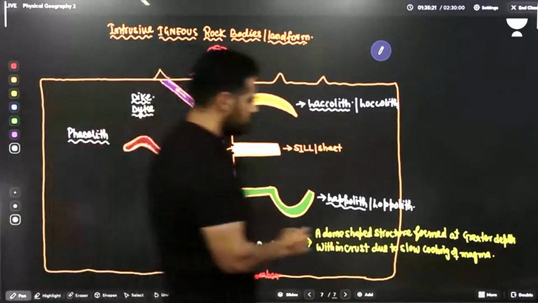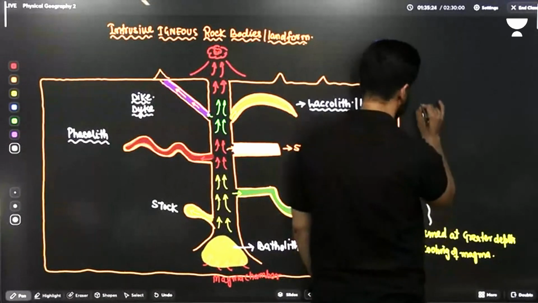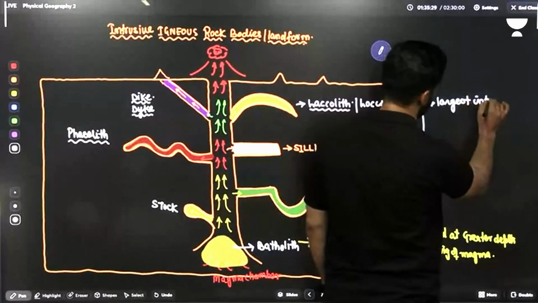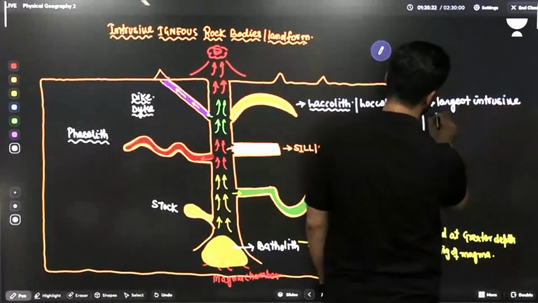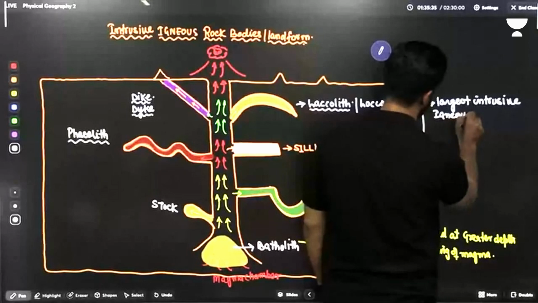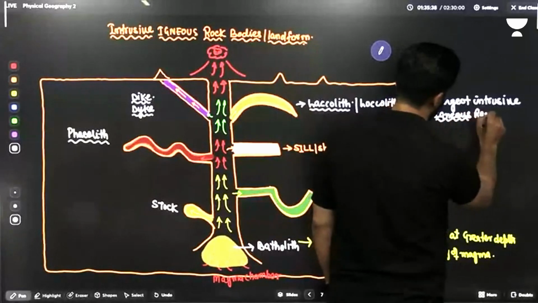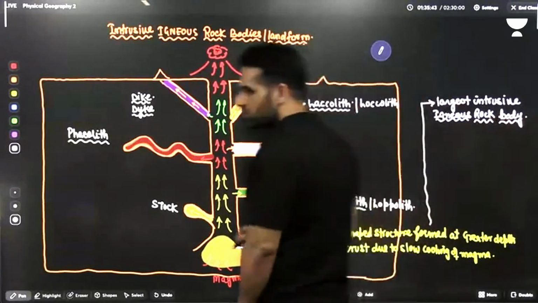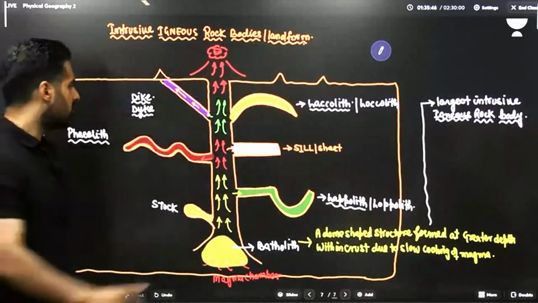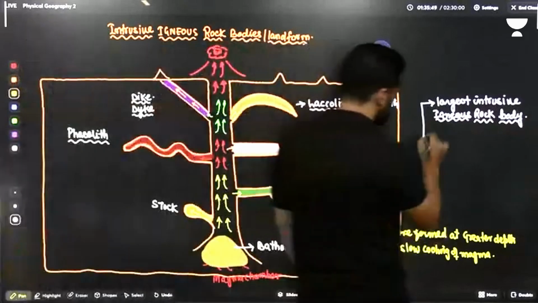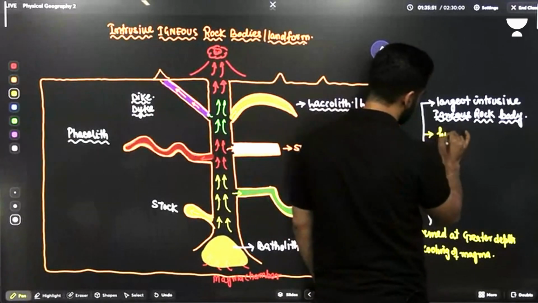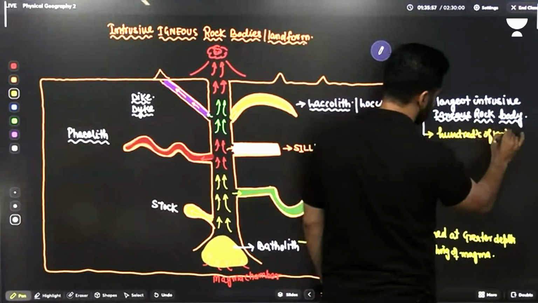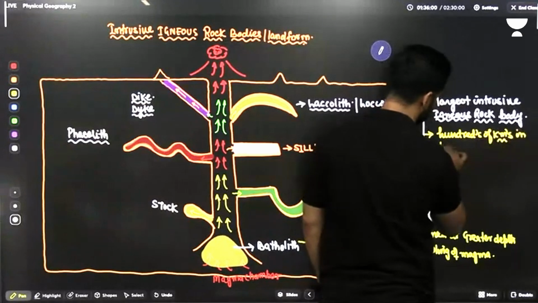Next characteristic feature of it. Shall I write it here? You will remember it is the largest intrusive igneous rock body. So which is the largest landform in intrusive rocks? Batholith. Second thing here, it can be hundreds of kilometers in length.